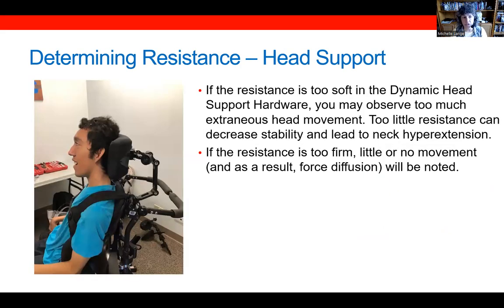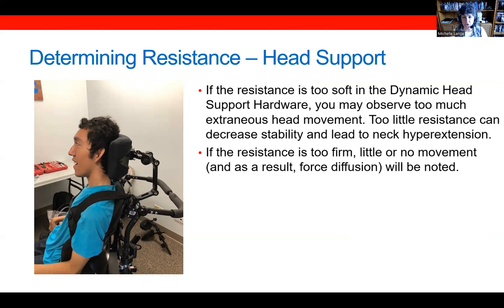So if the resistance is too soft in the dynamic head support hardware, you may observe that the client has a little too much extraneous head movement. So there might just be a lot of random head movements. If there's too little resistance, it can also decrease stability and lead to the client assuming more neck hyperextension, which we do not want.